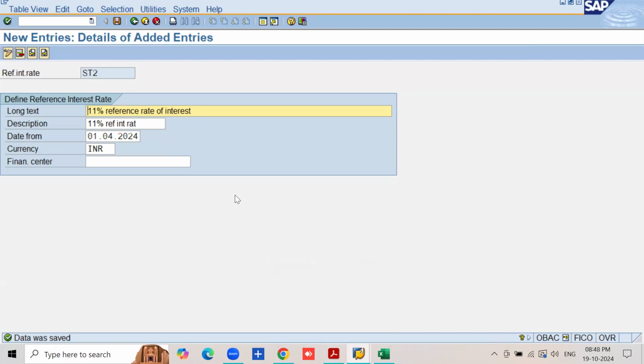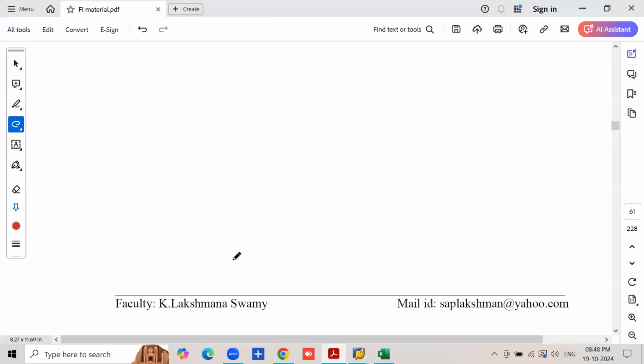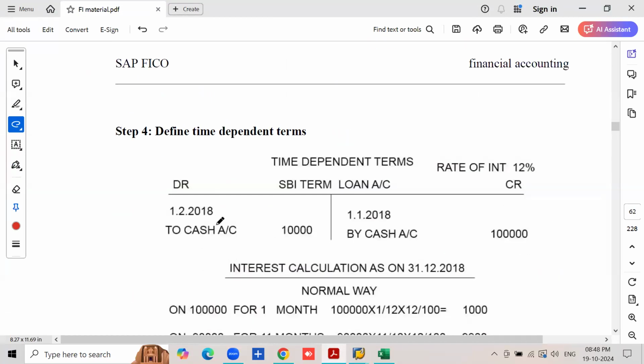Give one identification, define some other reference, give some identification and fill up the other fields. That's it. Then define time dependent terms.